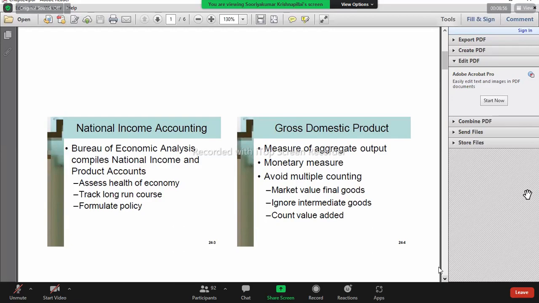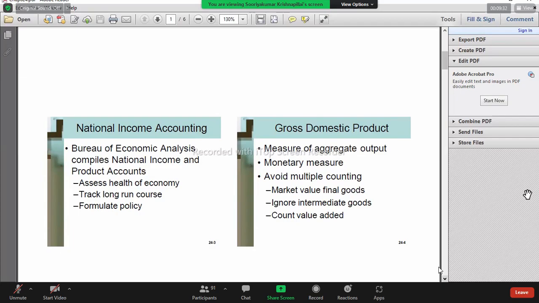Then the wheat goes to the mill. The wheat flour is the output of the mill and wheat is the input. So the value added in the mill is the value of the wheat flour minus the wheat. Then for the bakery product, the value minus the inputs used in the bakery: wheat flour, labor, energy, electricity, everything.